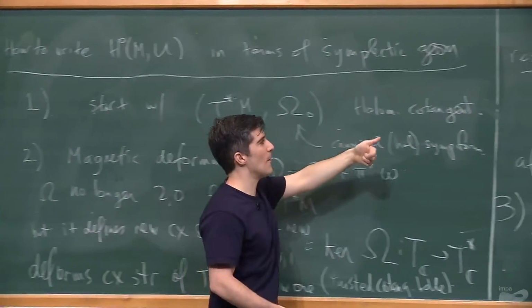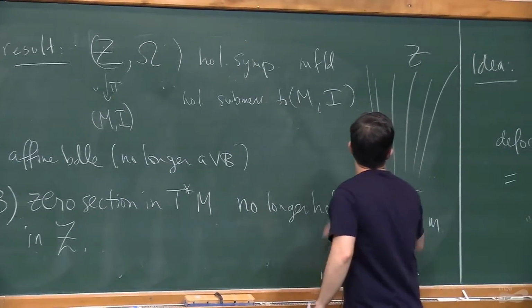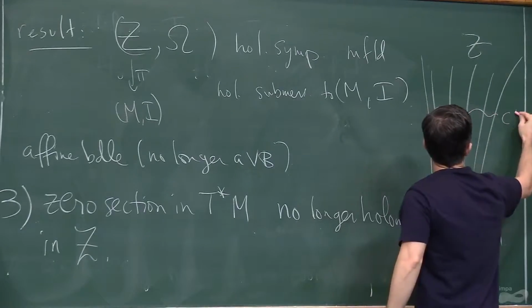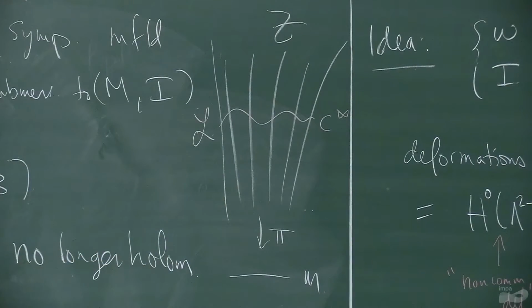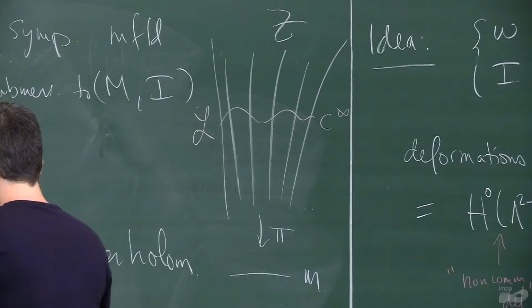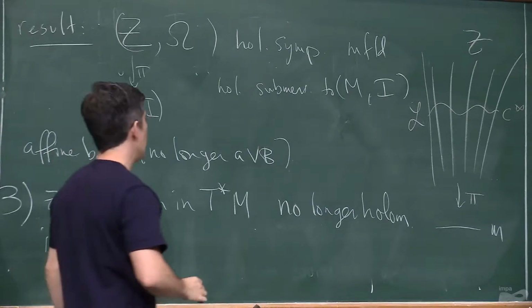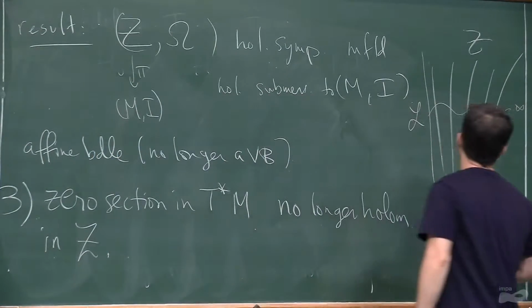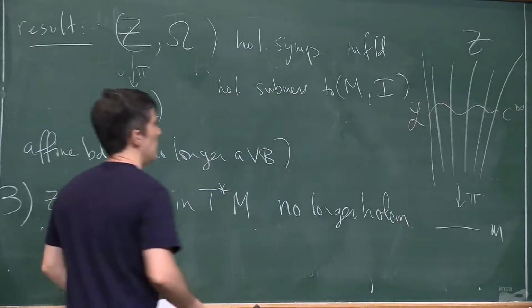But once I deform, the 0 section is some C infinity cross section of the affine bundle, but it is not holomorphic. No, it's not a real form necessarily. In some cases, it is.